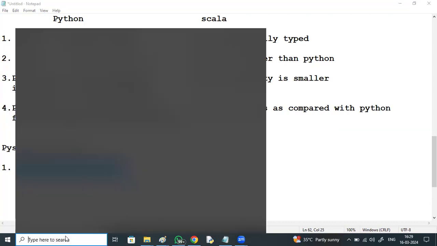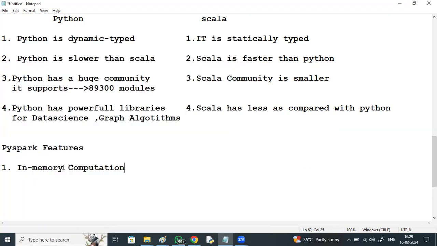But in the case of Spark, data storage happens within the memory and data processing also happens within the memory. Data is stored within the RAM and processed by the RAM. That's why we say PySpark has very high speed.